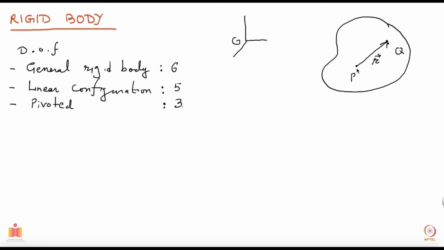Now I want to view this change in vector R as a transformation, as a linear transformation. Sometimes I will not use this vector arrow on R, and will use a boldface instead. It's the same vector which I have denoted there.